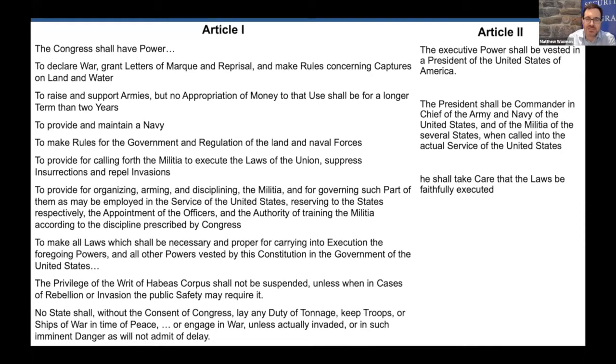Second is, in addition to the specific war powers provisions that I'll get into in a moment, Congress has a general power of the purse. And that's important because military power is expensive. It was and remains a huge national government expense.